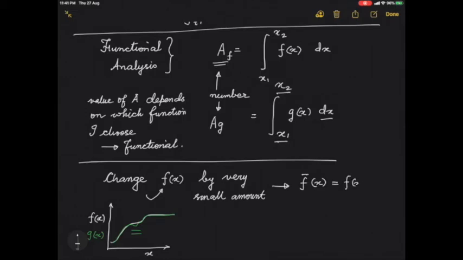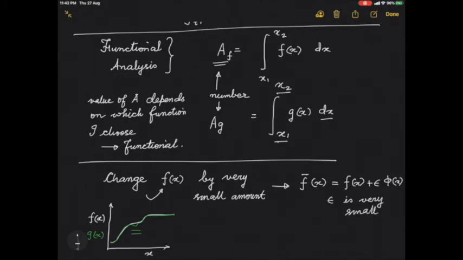g(x), or the changed f(x), let's call that f bar x. It will be almost f(x), and then there is a little change in it, so I denote it by phi(x). But remember that the change has to be little, so I multiply it by epsilon to make sure it is little. I say epsilon is very small.